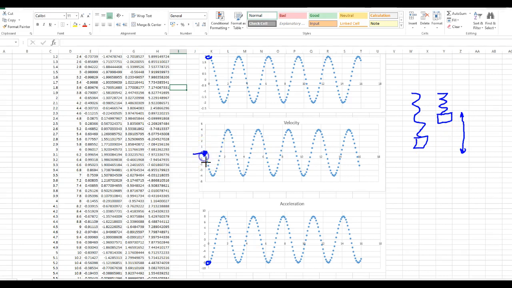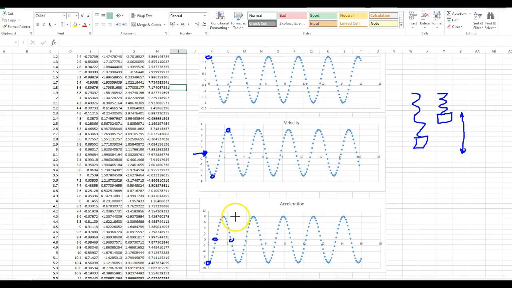There's no velocity at all. The acceleration then goes to 0, so it's no longer accelerating. What's happening with velocity? Well, the velocity in this case is a negative, or we'll notice that the opposite is true here. The velocity is a positive.